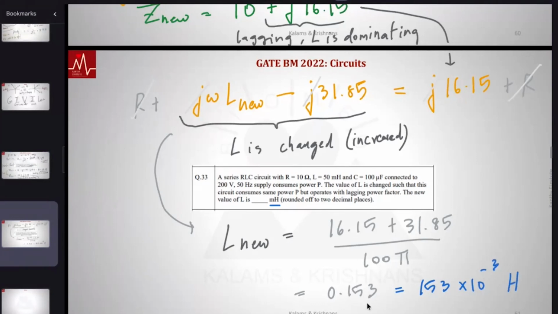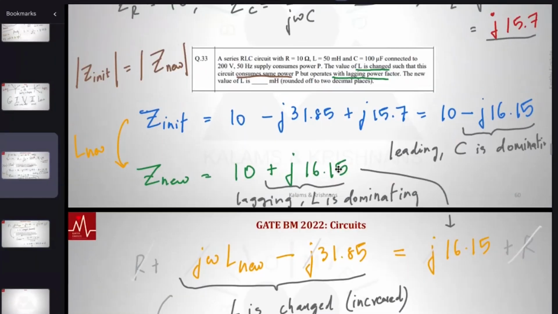Notice this is in Henry, SI, right? That essentially is millihenry. If you want to retain a couple of decimals, I got 152.8 or 9. Be careful, the answer is in millihenry. Simple traps. A very simple question.